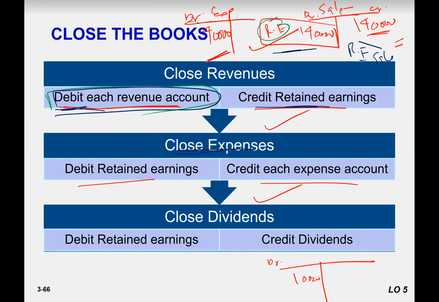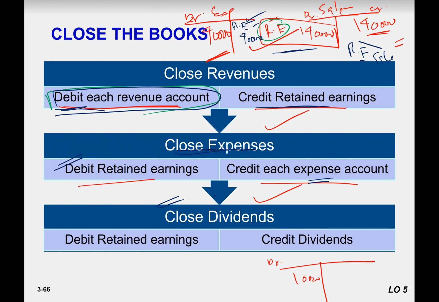Expenses. You see the expense is already debited, and we credit by the exact same amount, 40,000. What is this entry? Expense is credited by retained earning. So the entry would be retained earning to expenses, right?